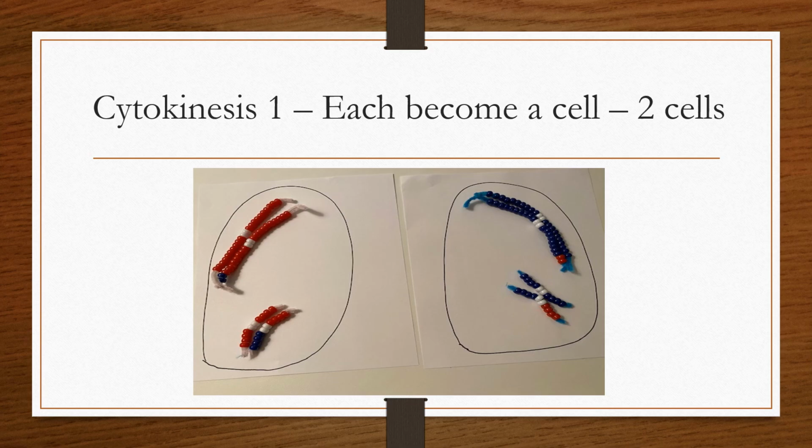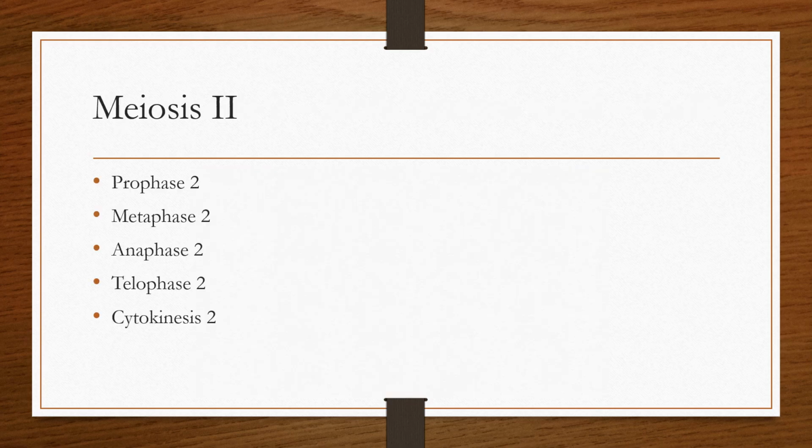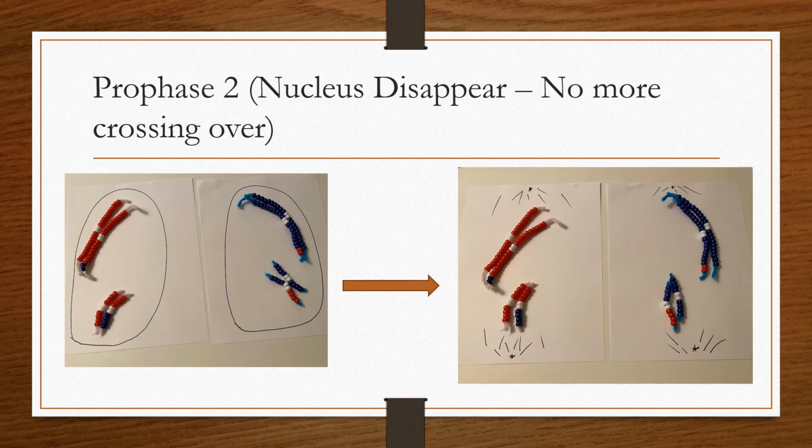After cytokinesis 1, we will start meiosis 2. As in meiosis 1, in meiosis 2 we will also have the steps of prophase, metaphase, anaphase, telophase, and cytokinesis. Let's start our meiosis 2 process. Meiosis 2 starts again from prophase 2.